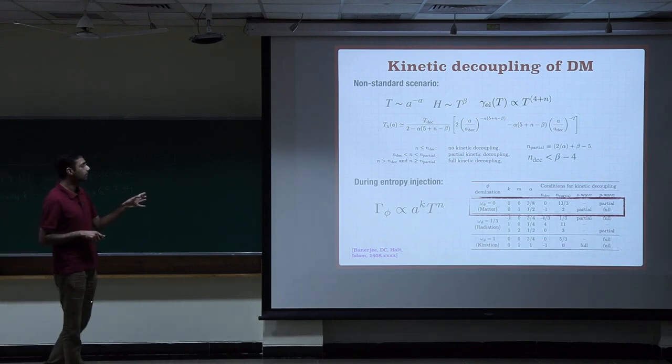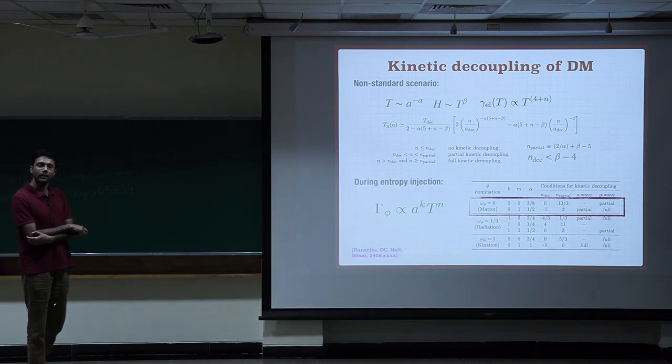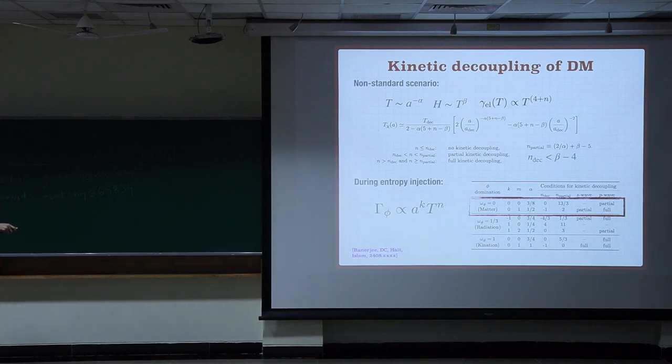This is something which we have shown, that with the non-negligible temperature dependent correction due to the finite temperature corrections, one can achieve a full decoupling in the S wave with the S wave elastic scattering also.